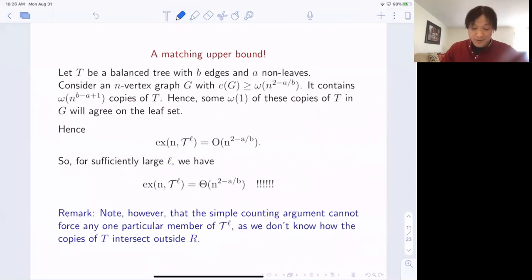Okay, but it's also nice that there is a very easy matching upper bound.